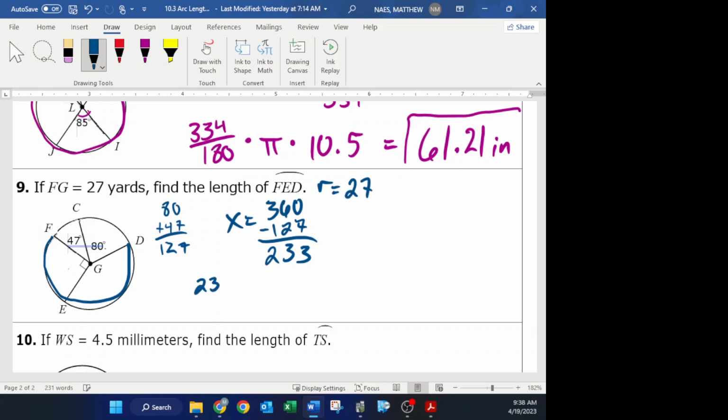So 233 over 180 times pi times 27. And that gets you 109.8 yards.